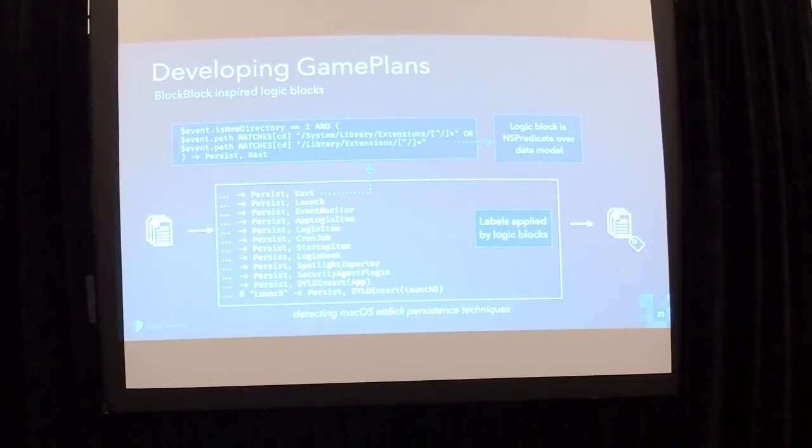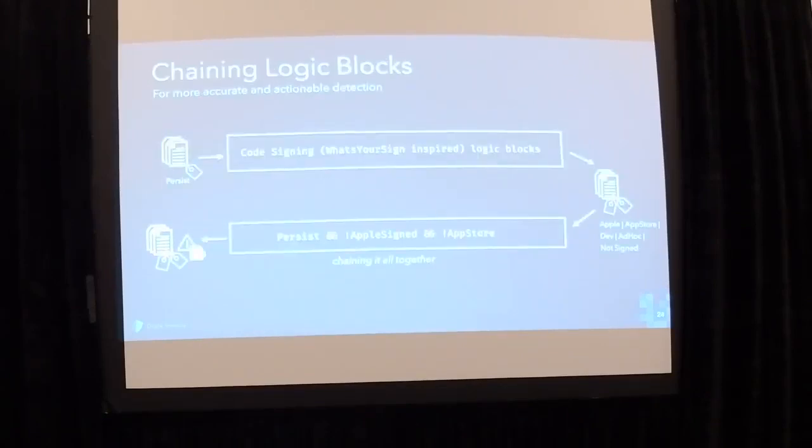And if so, then we tag the data as attempting to persist something, and specifically that it is also a kext. The logic blocks, as I said earlier, do nothing more than label the data as it traverses this whole system. In our example at the top, if the predicate evaluates to true, we label it, as I said, with persist and kext.